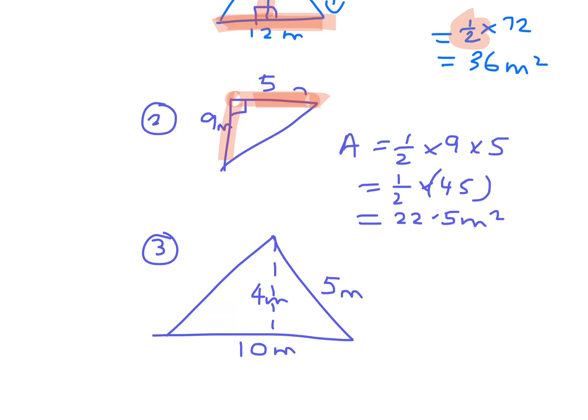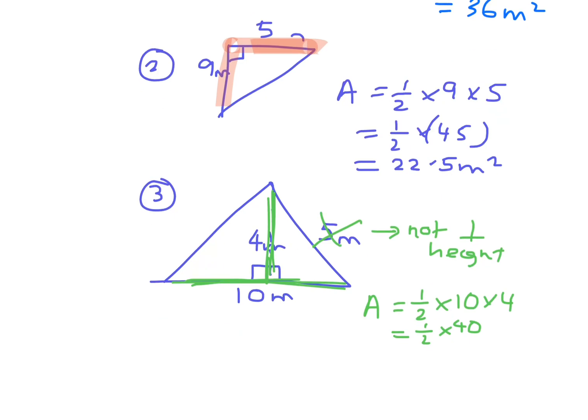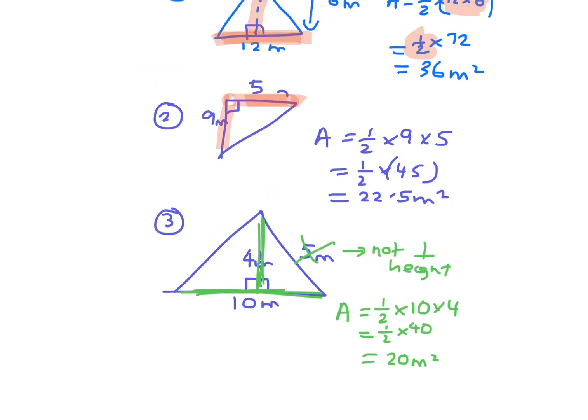All right, so when we're looking at finding this area, I just want you to realize that this 5 is really useless, because this 5 is not the perpendicular height. You always need to make sure you've got the perpendicular height, because when we originally derived it, it is based on the perpendicular height. So it's a half 10 times 4. 10 times 4 is 40, so it's a half of 40, and a half of 40 is 20 meters squared.